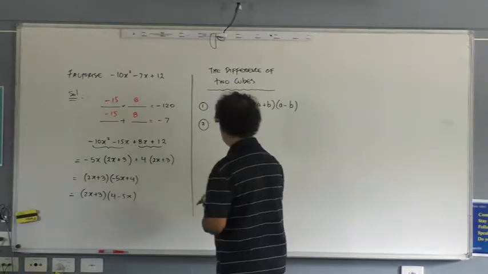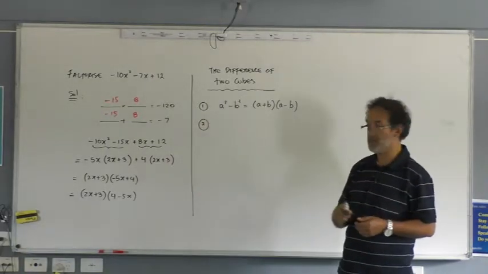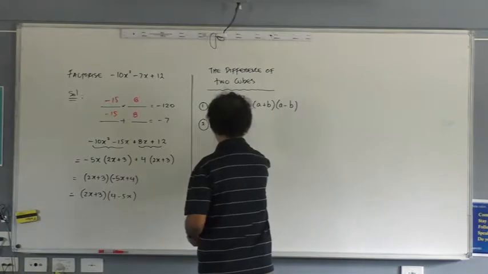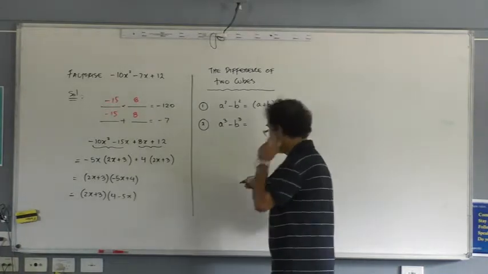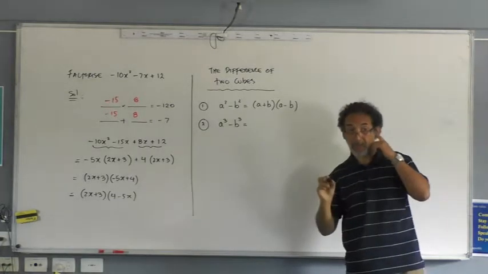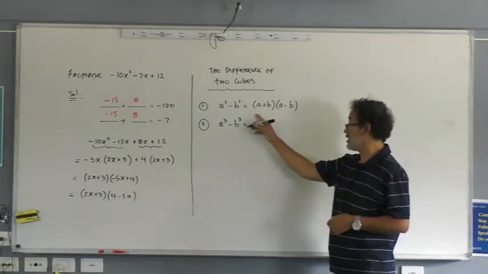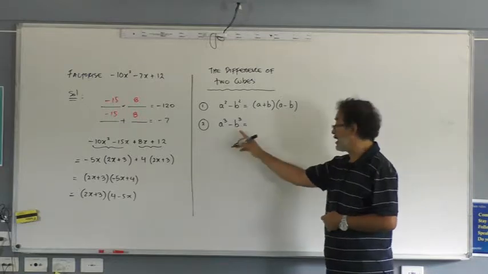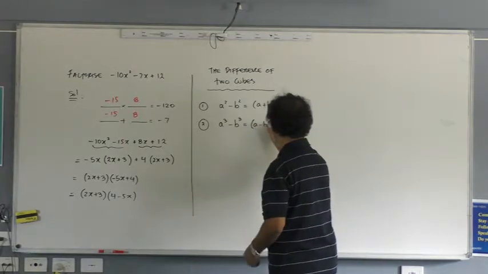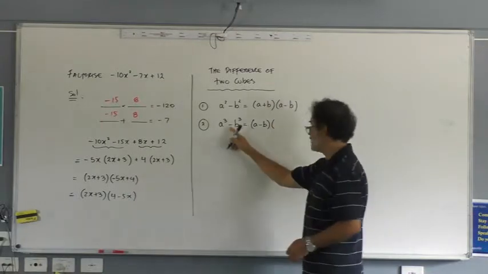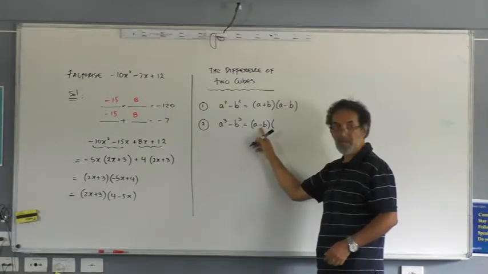We already know that. But then we can easily prove that if you have a cubed minus b cubed, then the answer is going to be, now you've got to pay attention because it's not going to be like this. The factorization for this is a minus b. If this is minus, then in here you're going to have minus.